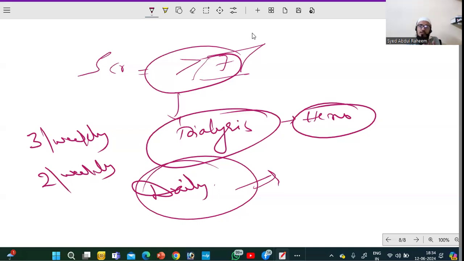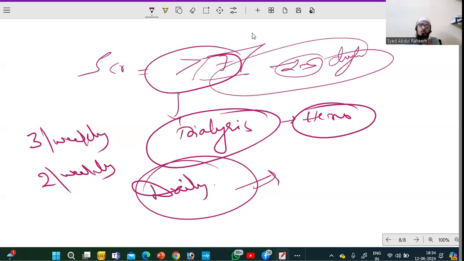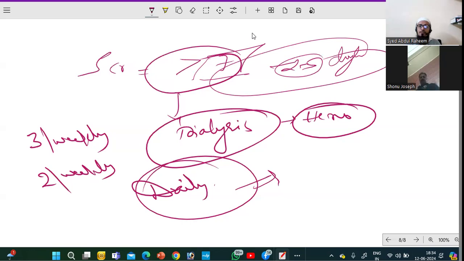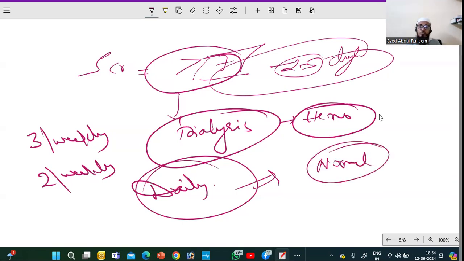Some patients, after 2 to 3 sittings of dialysis, or 1 to 3 months, their kidney will start doing normal function. Sometimes this happens.